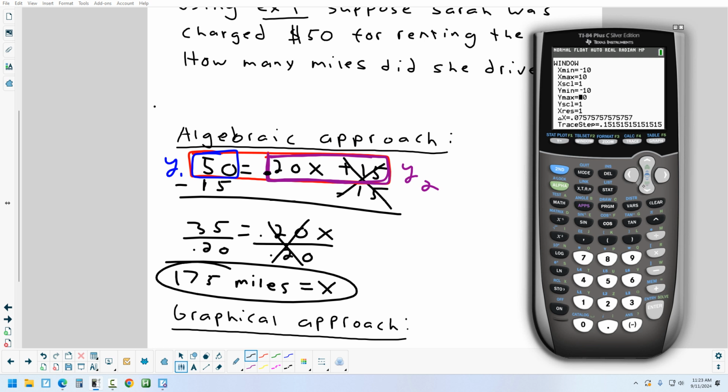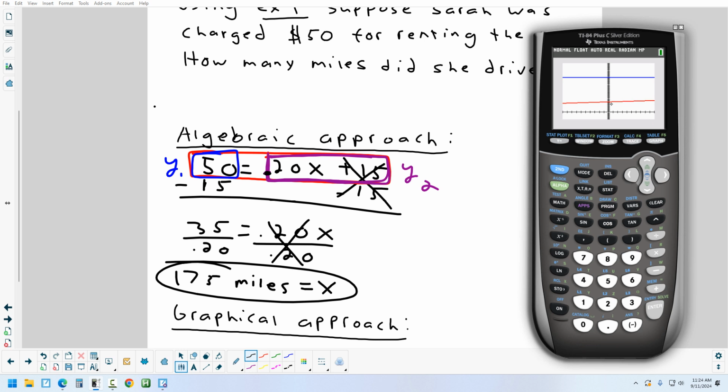I would do 65 or 70. Now when we hit graph, we see a horizontal line at 50. And there's my line with a slope of 0.2 and a y-intercept of plus 15.